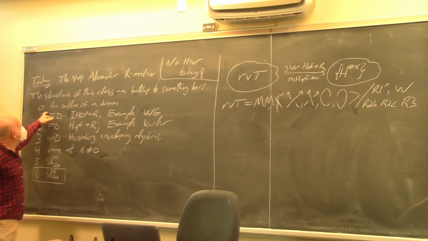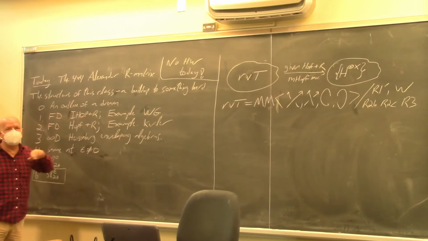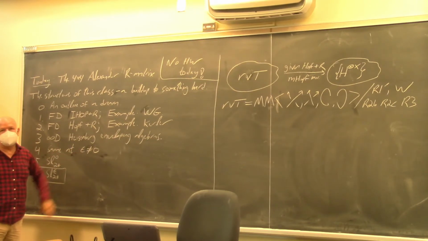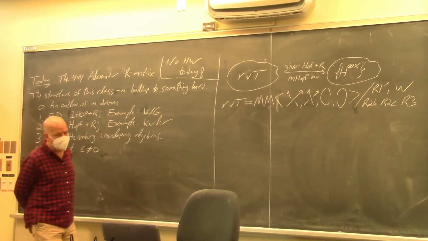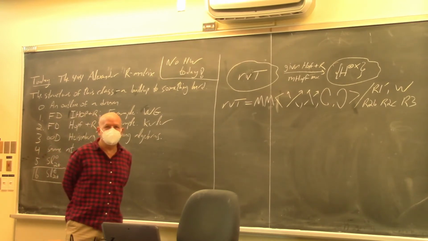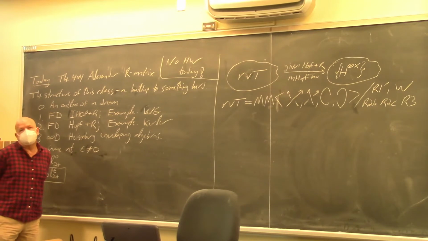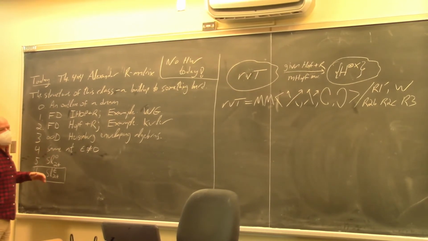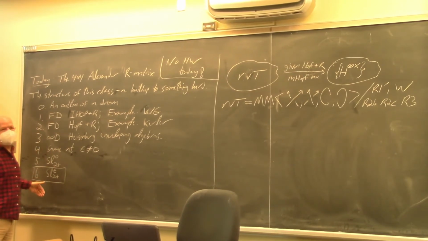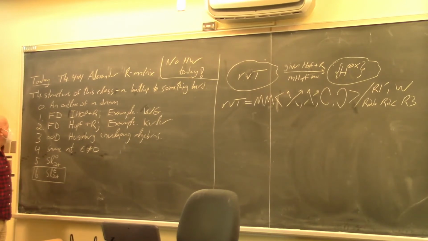So part 0 of the class was an outline of a dream. For such and such purposes, I want an invariant which will be fast to compute, have good algebraic properties, and be strong. Then I'm building up to that invariant in roughly 6 steps, and we're in roughly step 2.